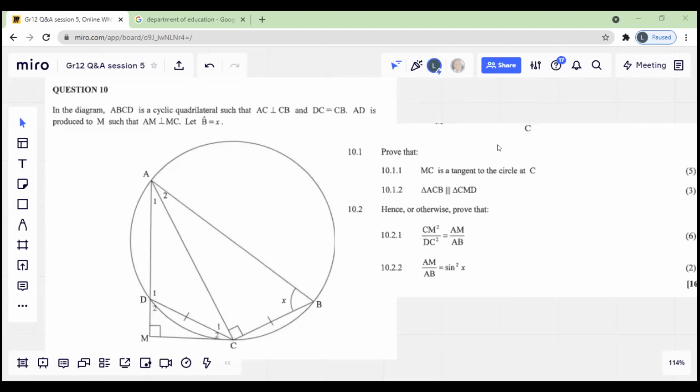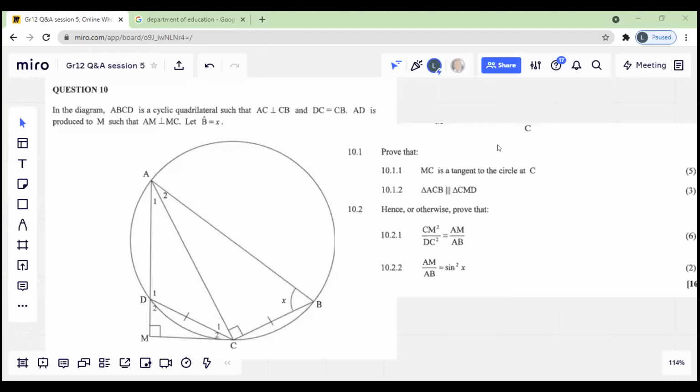All right, so answering a question like this means knowing which two angles to prove are equal to one another. So we're going to prove the converse tan chord theorem, and we need to show that angle C2 is equal to angle A1. Not C2 and A2, C2 and A1.